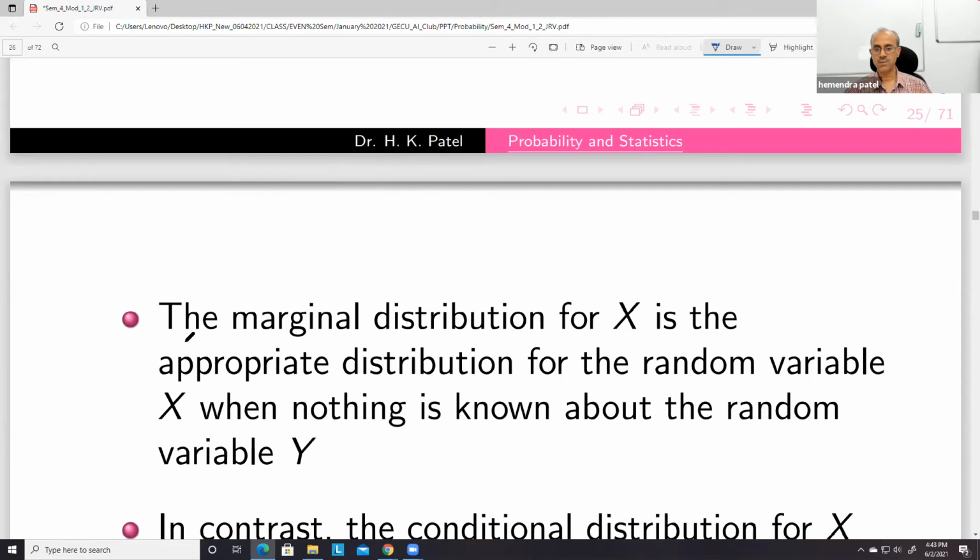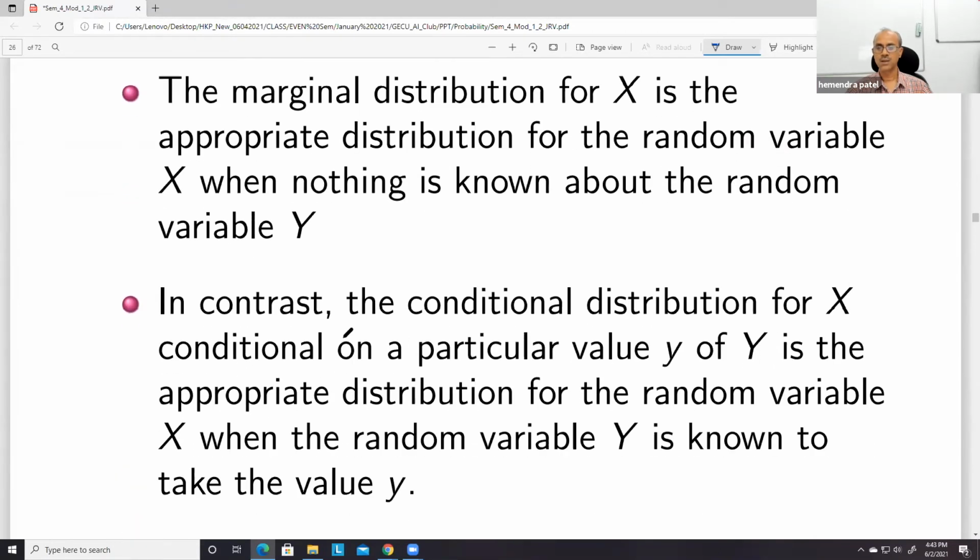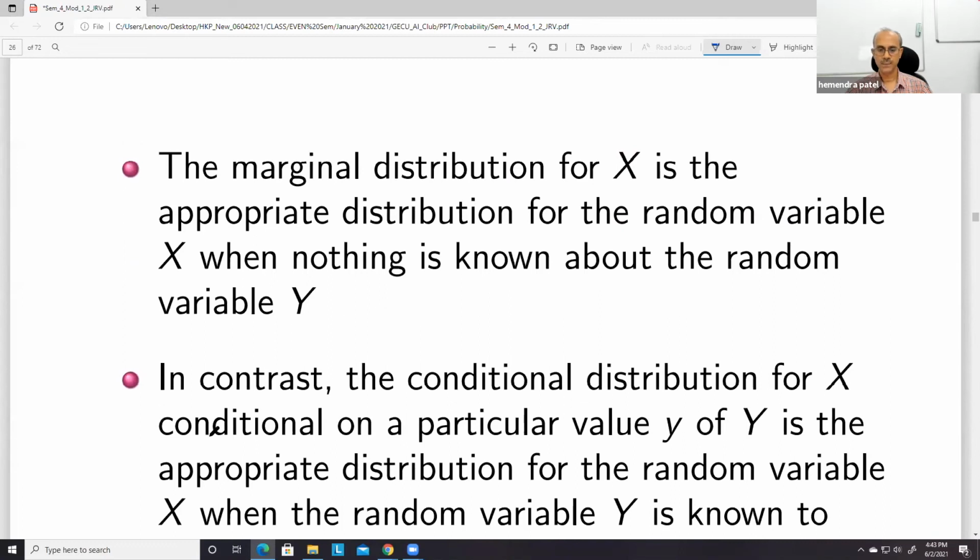And we can also see the difference between marginal and conditional. Marginal distribution for x is the appropriate distribution for the random variable x when nothing is known about the random variable y. So there is no condition on y actually, and therefore we include all the y.